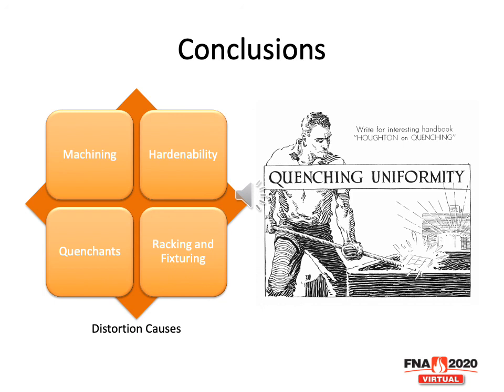These can have a drastic influence on the amount of distortion and residual stresses you'll see on your part. These four main topics, machining, hardenability, quenching, and racking and fixturing, are the big sources of distortion and residual stress.